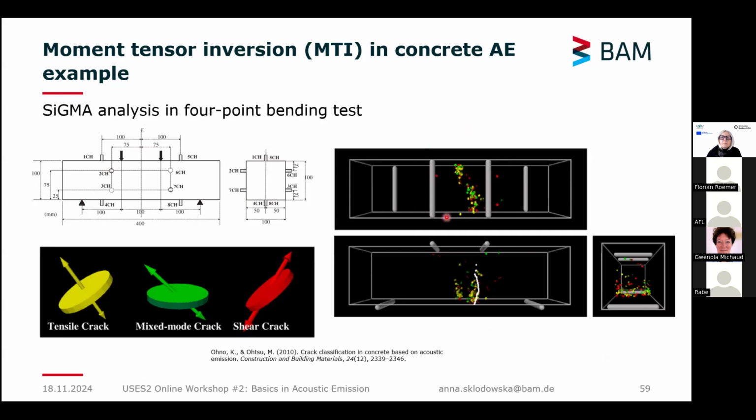This is the program that uses this, and it's possible to evaluate the mode of the crack in the bending test. I will not go into detail on this, but just to show that there are tools that make it possible. Again, it's mostly used in laboratory experiments, and requires a lot of good data to be able to perform.